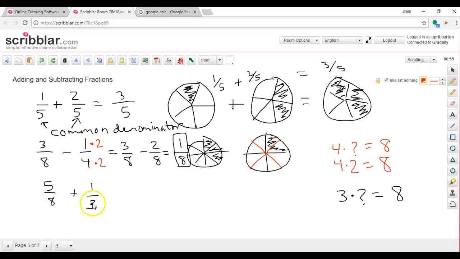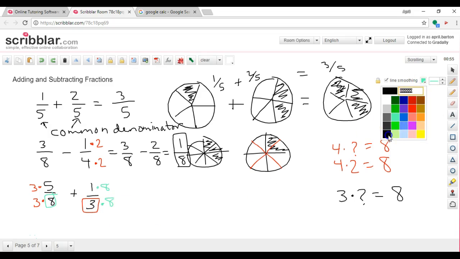So 5 over 8, we would use the 3. And 1 over 3, we would use the 8. Use the denominator of the other fraction. That way, you're doing 3 times 8 on both of them, and you'll get the same denominator.